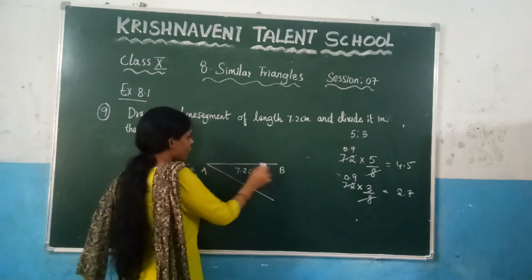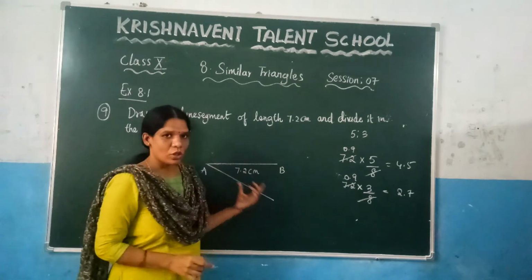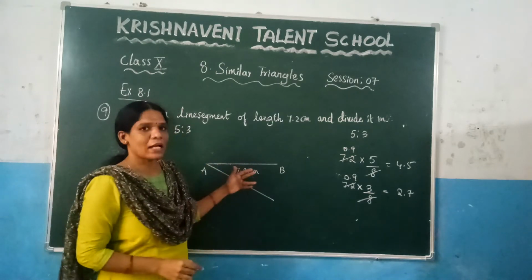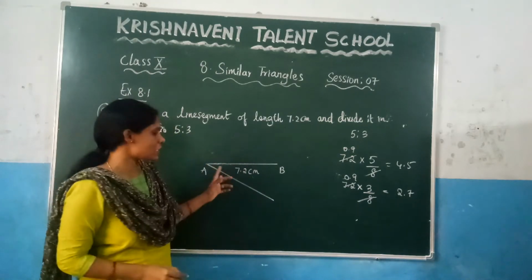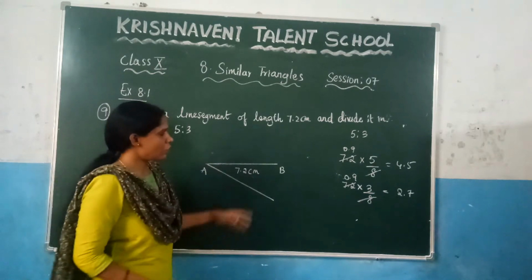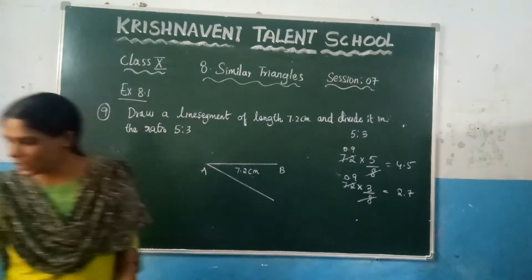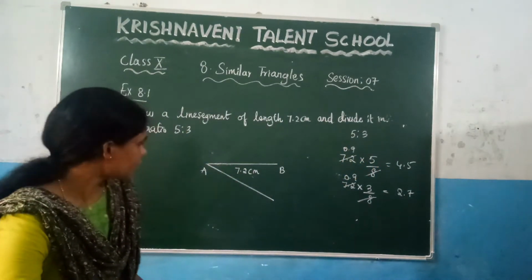We need to divide this line segment into the 5:3 ratio. Since you don't know how to divide, we are taking the help of the other line. So that's why we are drawing one more line, and what is the total parts here? 5+3, which is 8. So here you need to make 8 arcs.